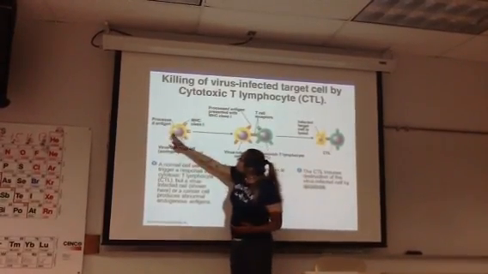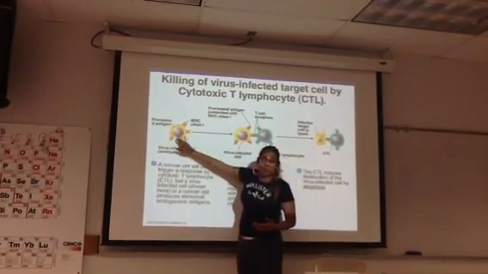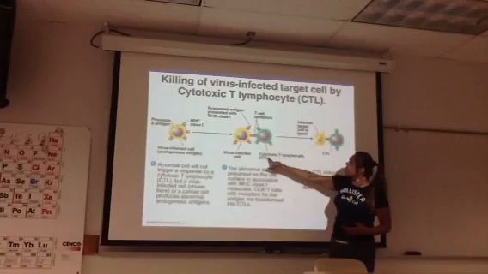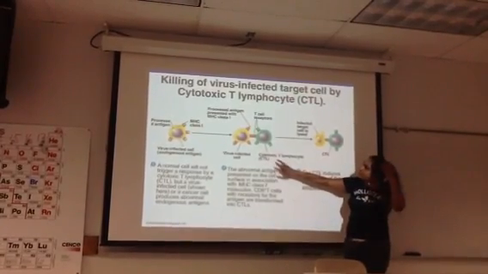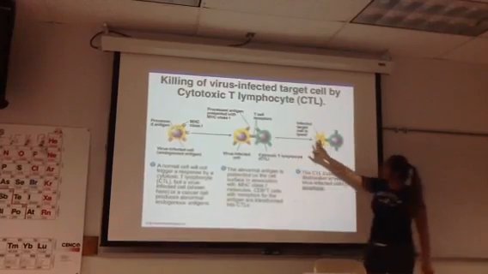So the antigens are within your cell. Your cells have been infected and they've been dormant. Those antigens go to the surface, and then cytotoxic T cells will bind to that and destroy the cell.